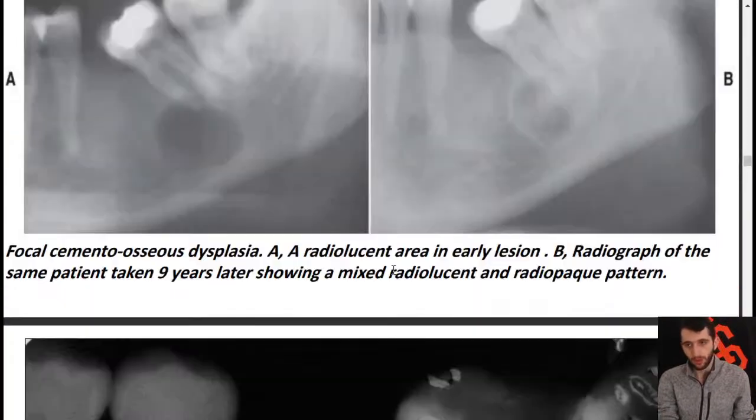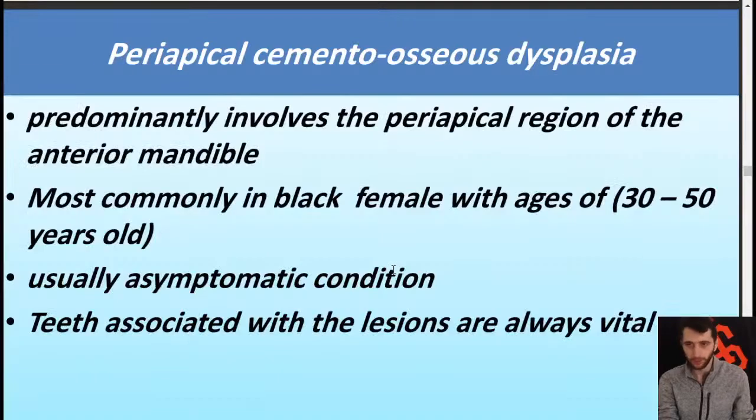Let's review the slide. Focal. Which name was focal? It was in the mandible posterior. This one is the mandible anterior. Females.